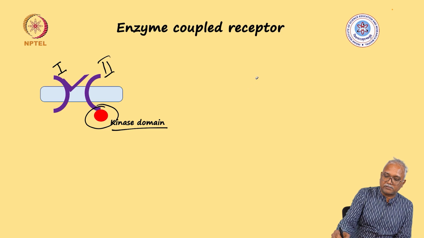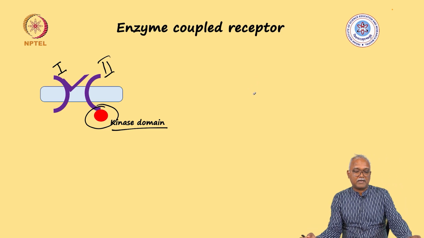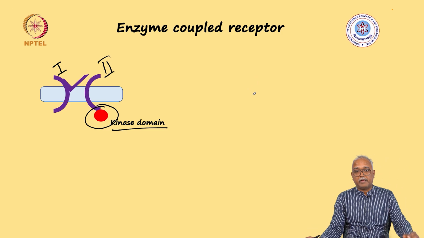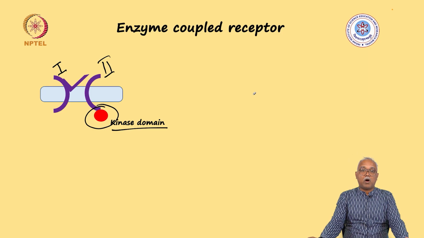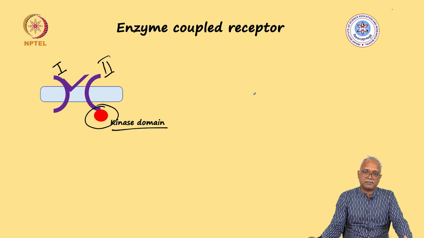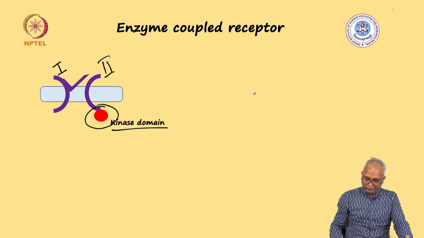So in this class of receptors, whether it is single pass transmembrane receptor which are responding to the growth factor or other molecules which we will see in later classes as we go forward, they need a dimerization event so that signaling can move forward.